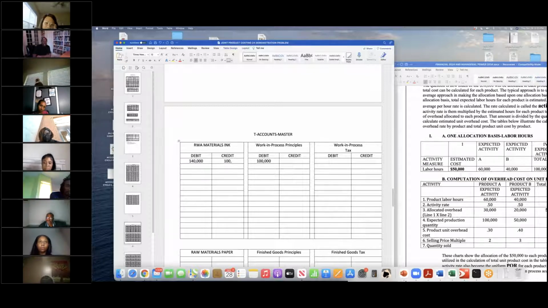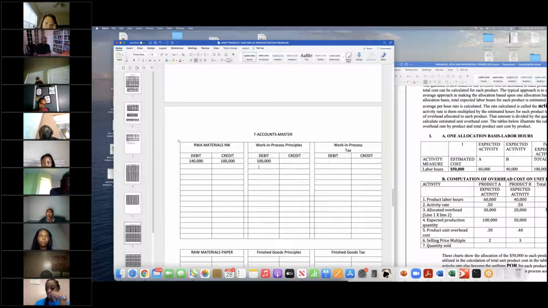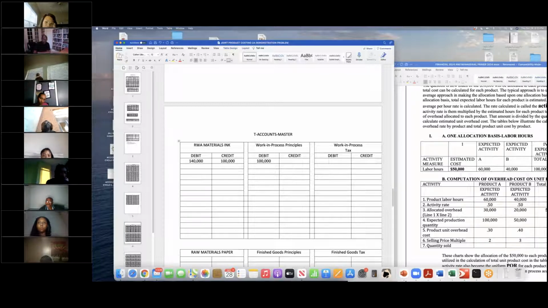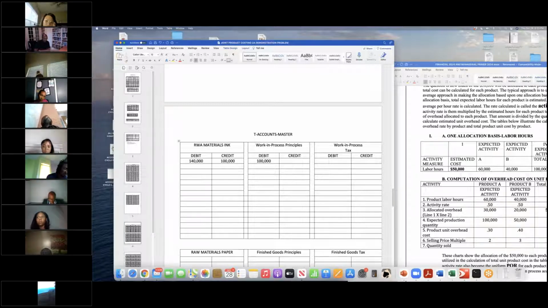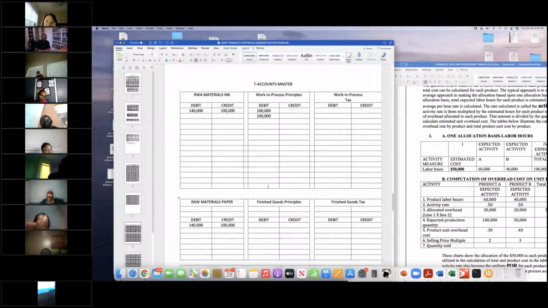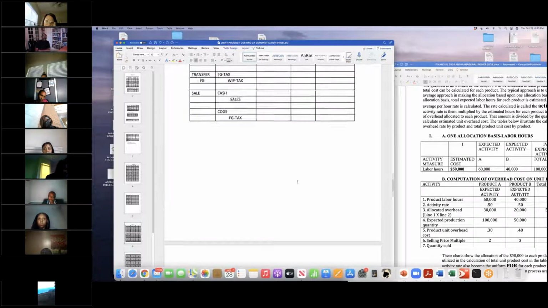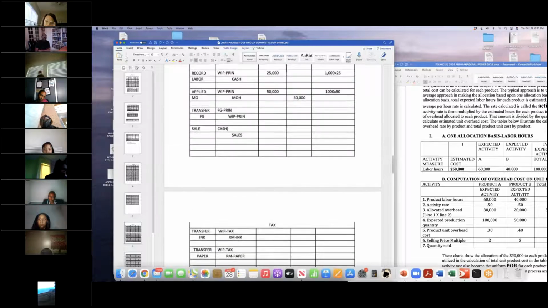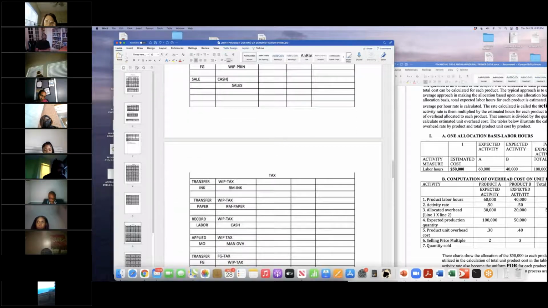So we're using all of that. So this is the ink, and the next 100,000 is gonna be for the paper. And we'll credit the papers since we're using all of it. Well, all of it relates to paper. And then we're gonna bring in what? The 25 and the 50,000.